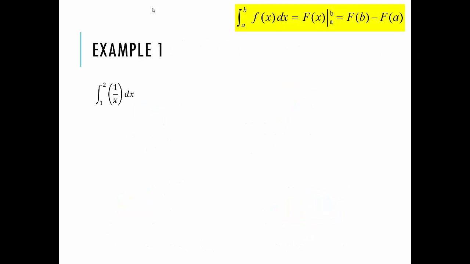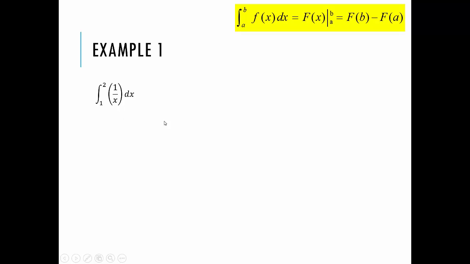All right, so as you can see, we're doing the same thing that we did when we had an indefinite integral. An indefinite integral didn't have these limits of integration. Now we're doing a definite integral where we're actually finding area. So the first thing we do is find the antiderivative.